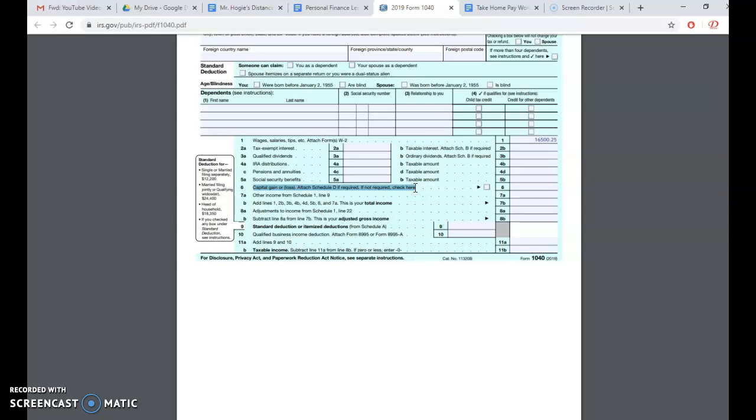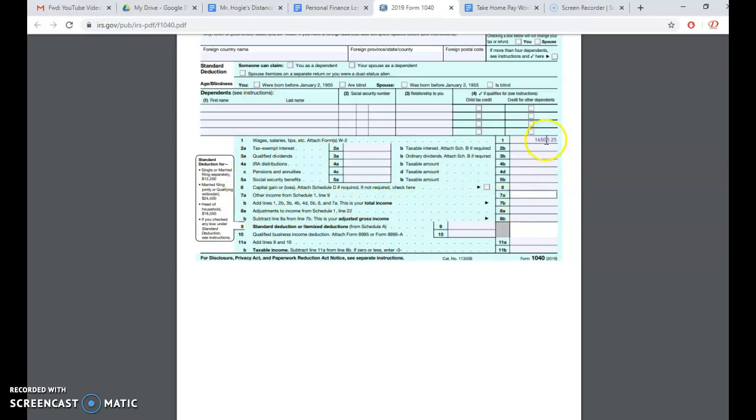I always have to put in for my savings account, and I also have another retirement account that is separate from my Roth IRA that I put in here. Other income would be anything else that you made money on that would qualify there. Then add all those up, and that's your total income.